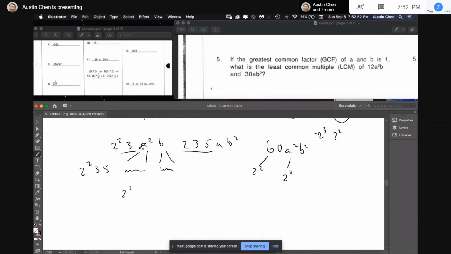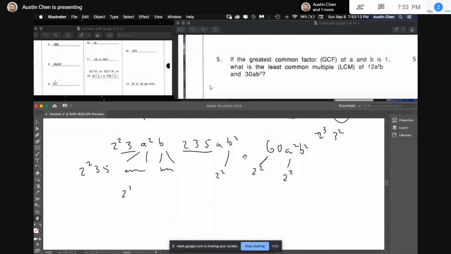But remember, actually, no, because they're together, that would work out. But let's say B had the 2. If B's prime factorization had a 2, then B squared's prime factorization would have 2 squared, right?